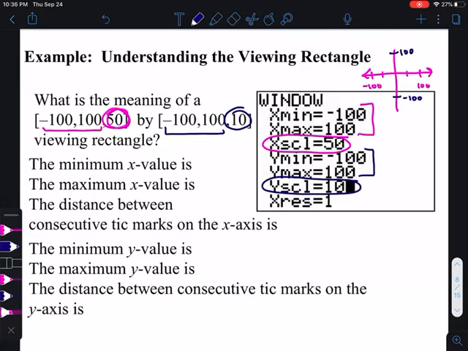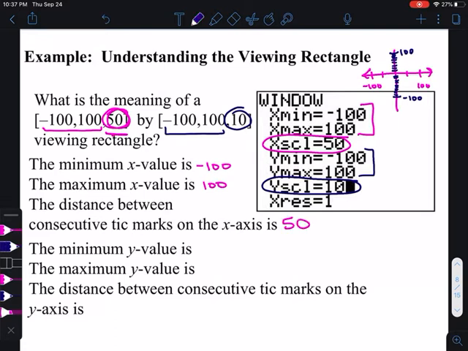That means it's going to have 10 tick marks in between here to show that every little space that you're counting is counting by tens. So the minimum X value is, as we said, negative 100. The maximum X value is a positive 100. And the distance between consecutive tick marks on the X axis, we said was going to be that 50.